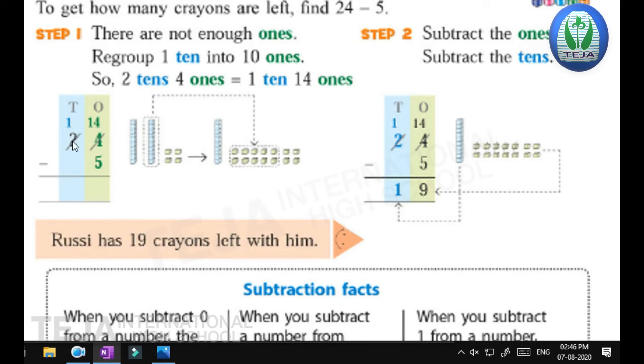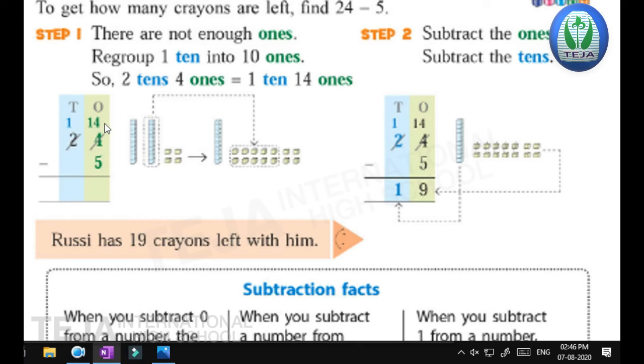Look here, children, the number is 24. And from 24 we have to subtract 5. Here if we look at the ones place, children, 4 is the smaller number and 5 is the bigger number. So we can't subtract 5 from 4. So what do we have to do? We should regroup. From here we should borrow 1 ten. That 1 ten will become 10 ones, plus already in ones place 4 is there.